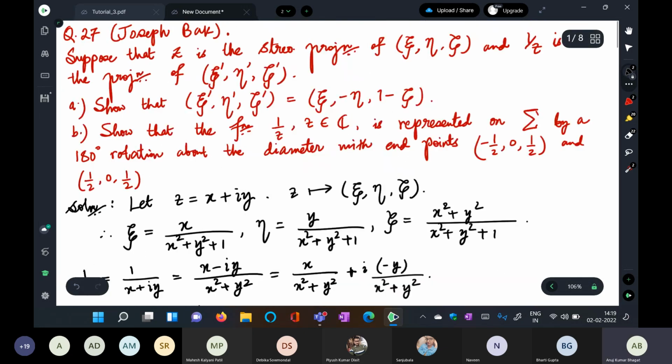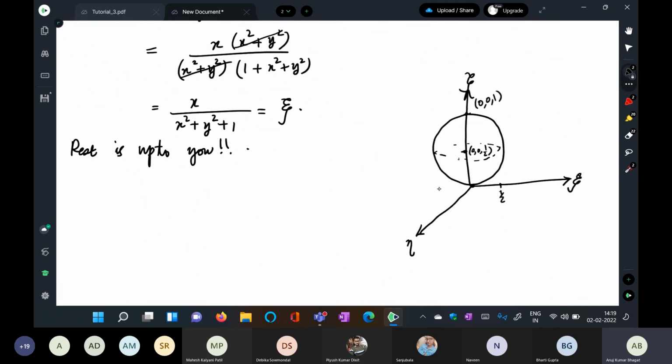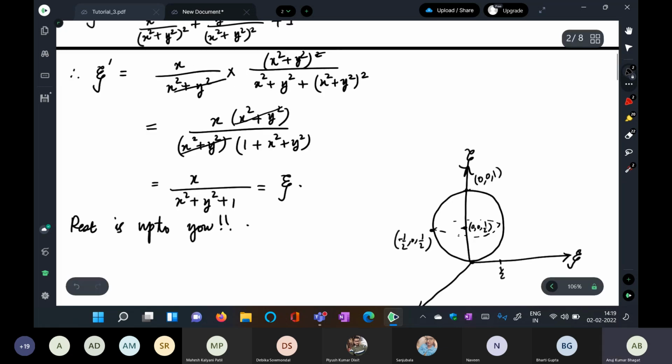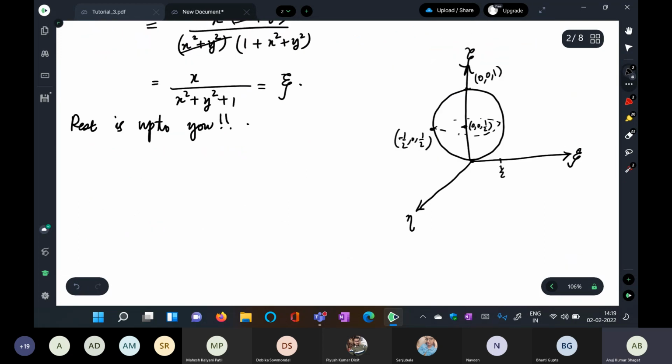So what is the first point? Minus half, 0, half. Minus half is on this side, so this point will be minus half, 0, half. And half, 0, half will be this one. So this is the diameter of the sphere we are talking about.